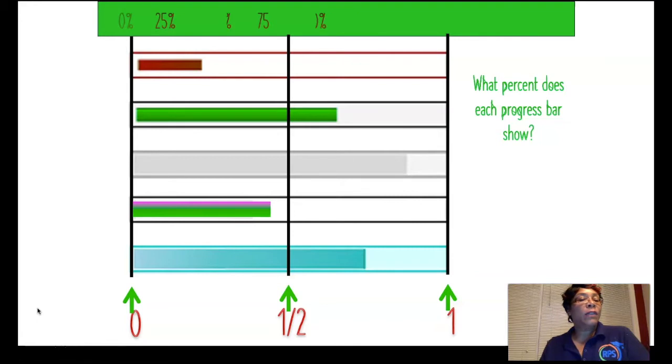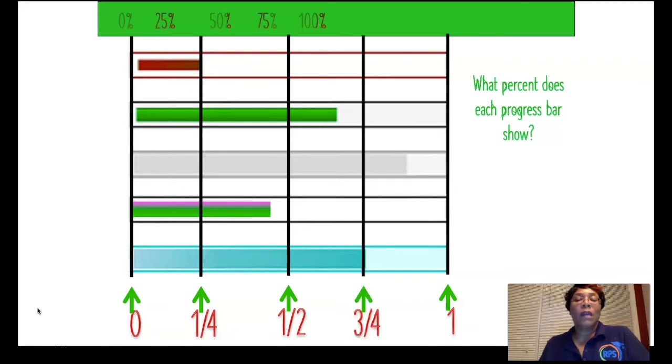Well, between 0 and 1/2, there is 25% or 1/4. And then between 1/2 and 1, there is 75% or 3/4. Now, there are certain numbers that you should already just know right off the top. And some of these are those.